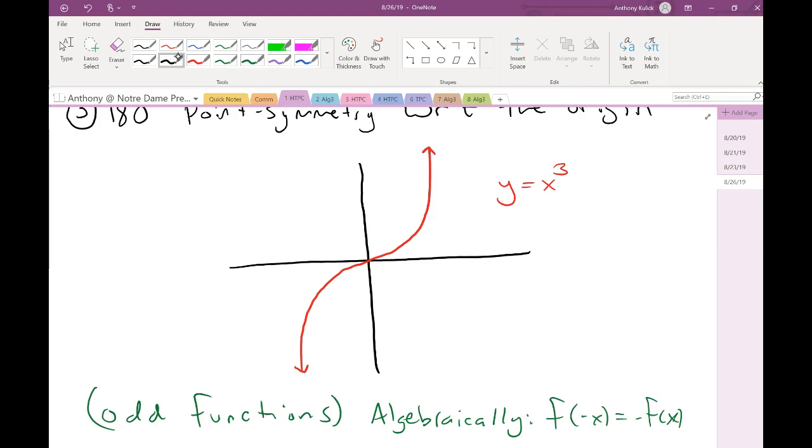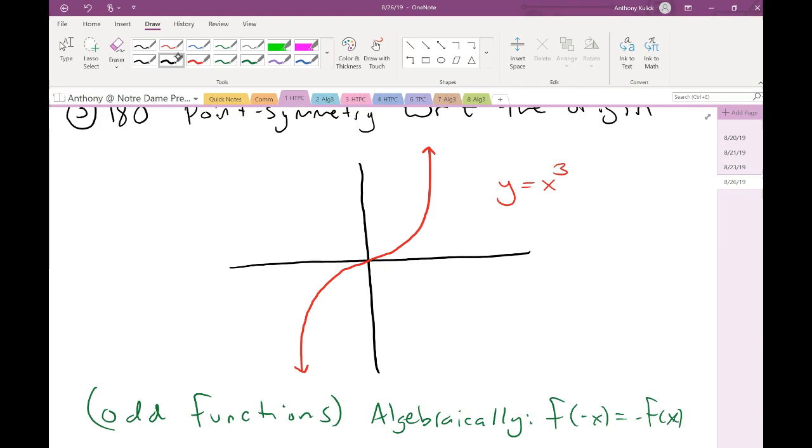Let me rephrase and ask it a different way. Are there any functions that do not have one of these three kinds of symmetry? Bella, you're shaking your head. Yes, that's absolutely the case. So we can certainly have functions that don't have any of these symmetries.